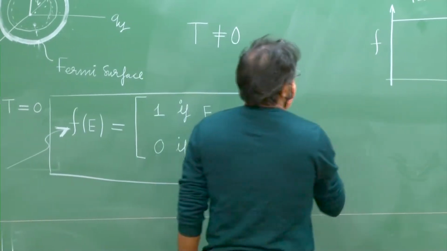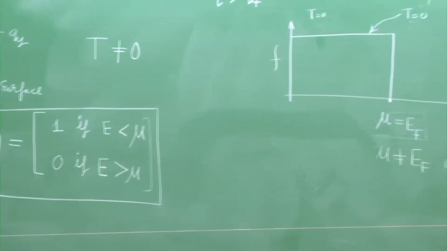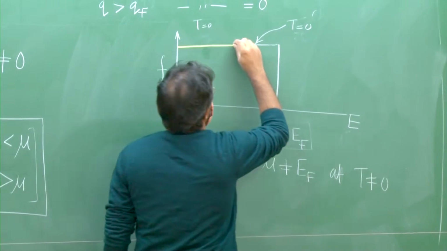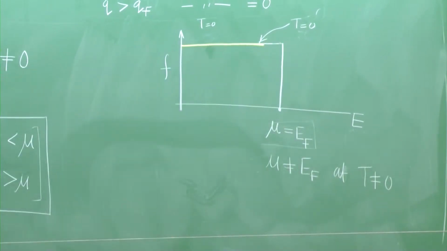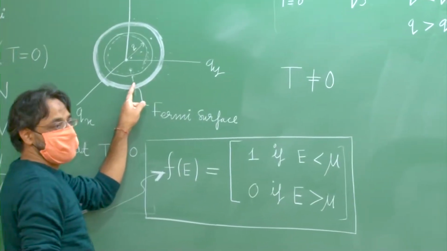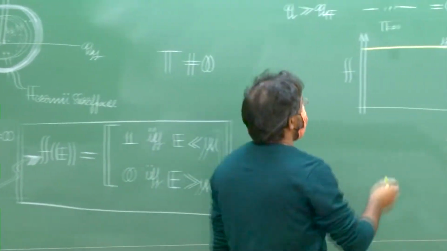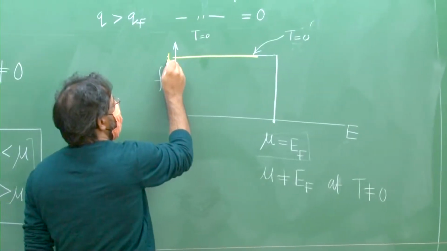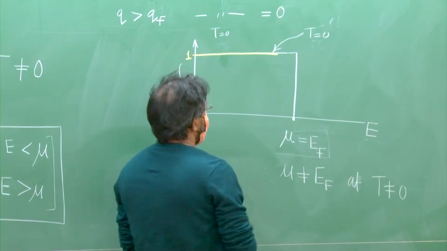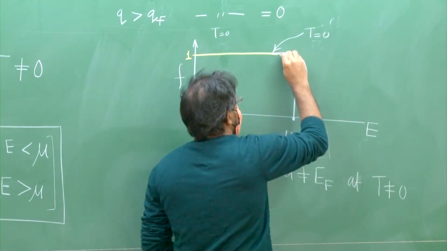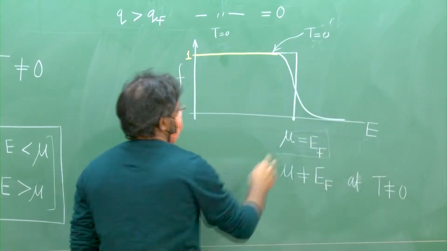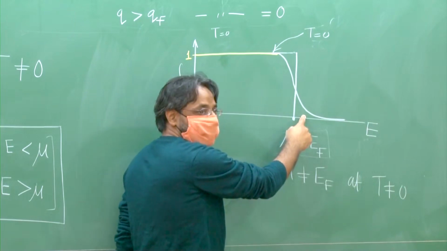So, at a non-zero temperature, if you plot this curve, it would look like this only, because of what I explained. All the states up to the point you reach here are nearly occupied, so F for them should be 1, which means the probability of occupancy is 1, they are surely occupied, and then there will be a drop, and then it goes like this. The states that were previously unoccupied are now occupied with some finite probability.